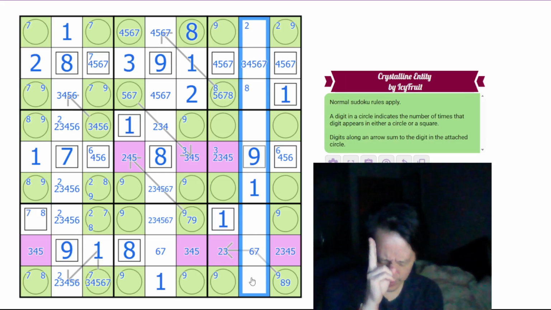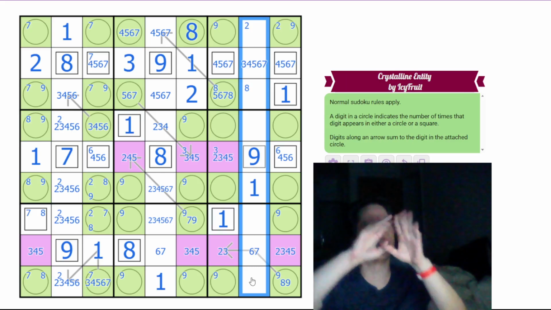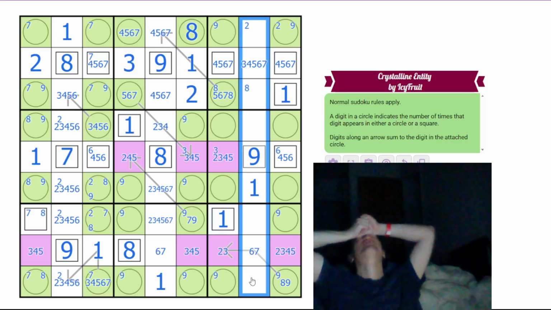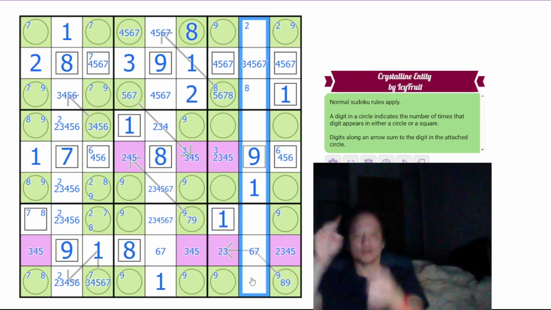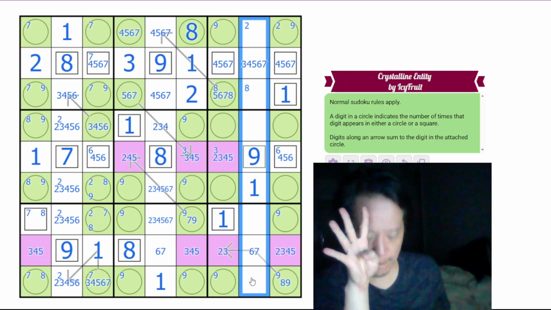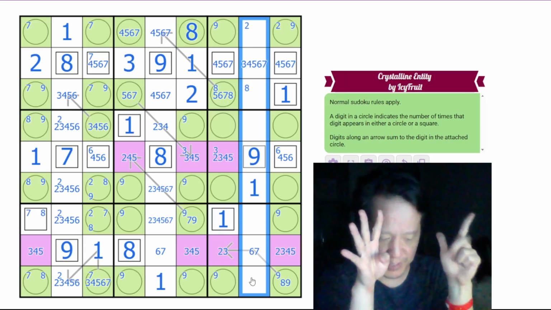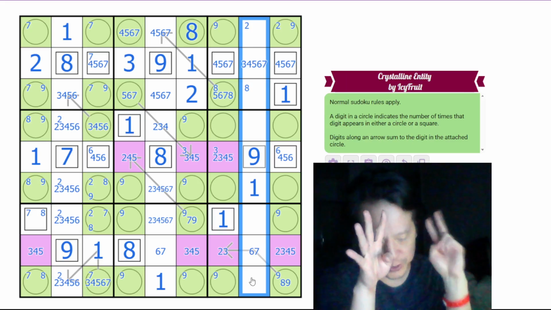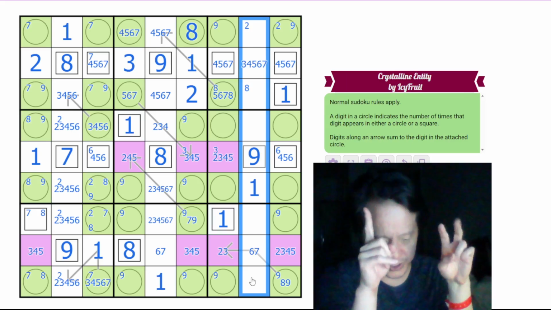2 requires 1, 2, 3, 4. Yes, it requires 4 spaces. 2 requires 4 spaces in those 6 columns. 3 requires 3 spaces in those 6 columns. 4 requires 2 spaces, and 5 requires 1 space.